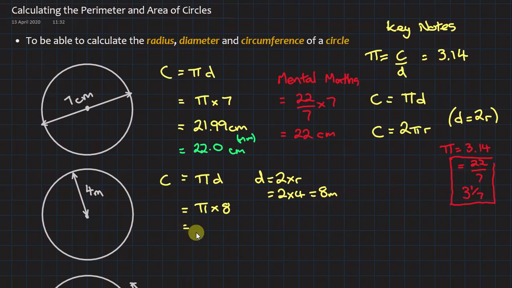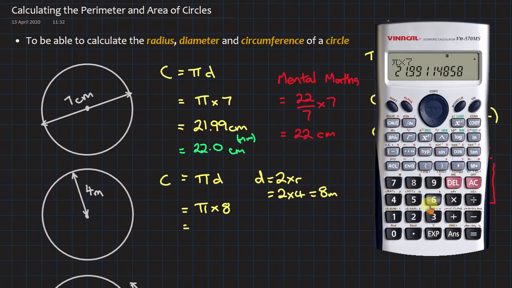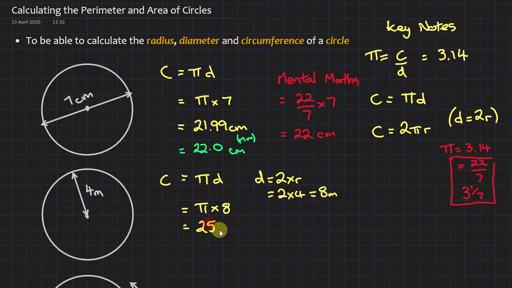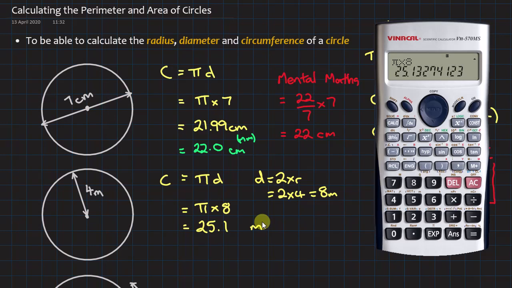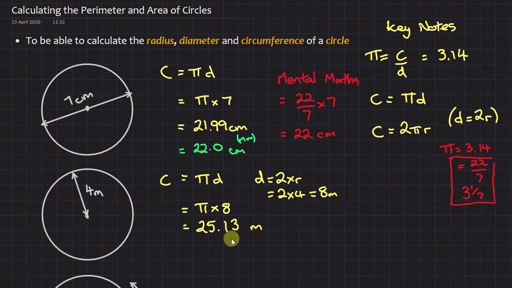And I put up my calculator, shift X to pull up the pi button, multiply by 8, gives me an answer 25.1 meters. Let's do the same as what I said, 13 because that's the nearest centimeter. You may get told one decimal place, you may get told the nearest figure, but this one is to the nearest centimetre. Okay, so that unit there is actually centimetres.